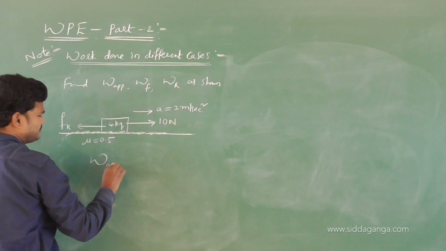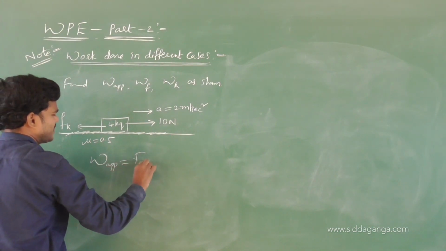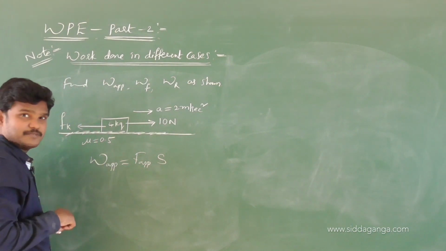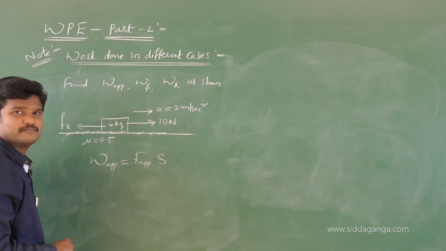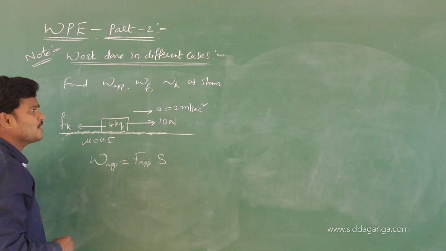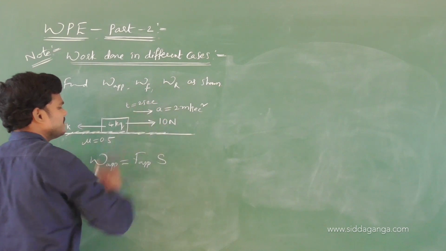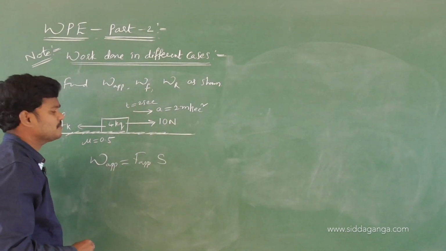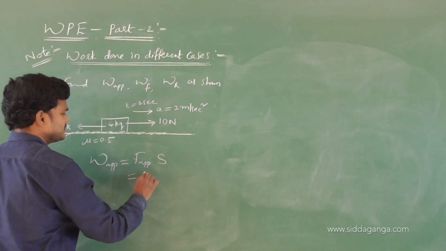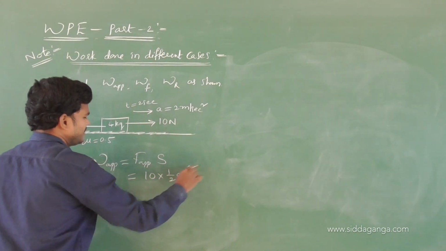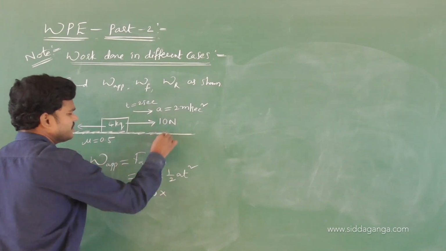Work done by the applied force is F applied into displacement. Displacement is not given. If time is given, anyhow everybody starts from rest, so you can write S is ut plus half a t square.